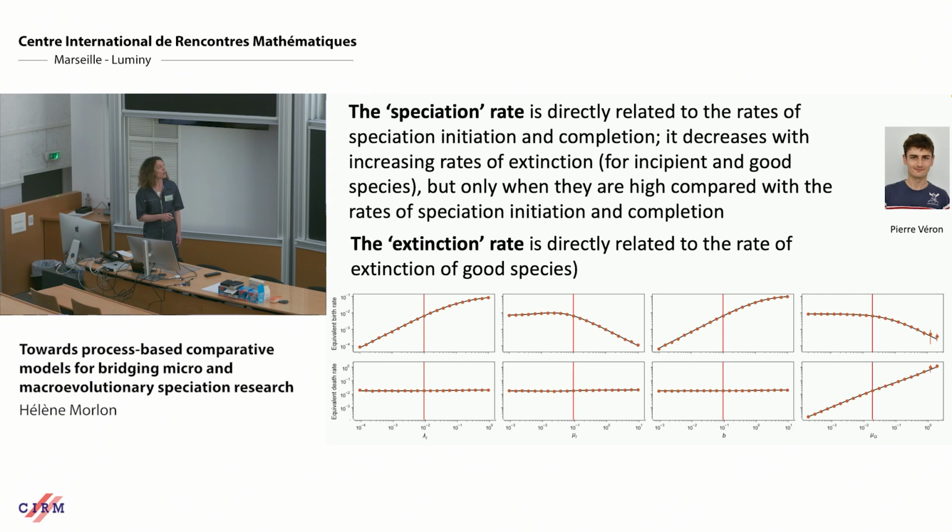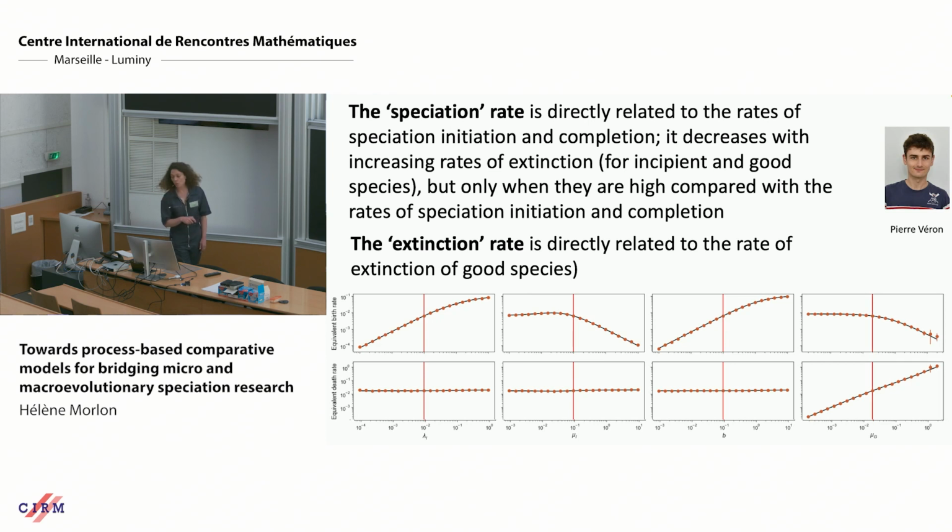And so those are the curves we have here with the 4 parameters of a protracted speciation model, and here the equivalent rate of speciation and the equivalent rate of extinction. I think the black curve is the analytical expression and the red curve the simulation, so it's all good.